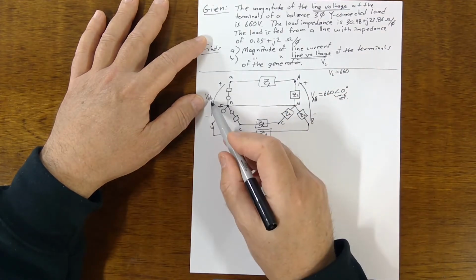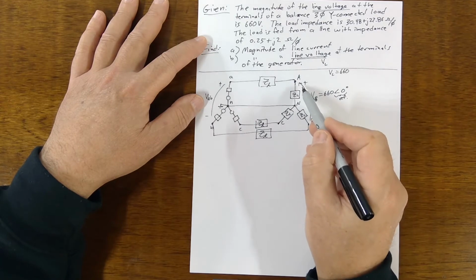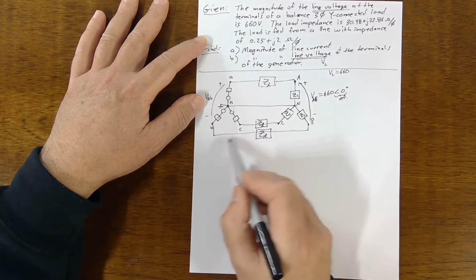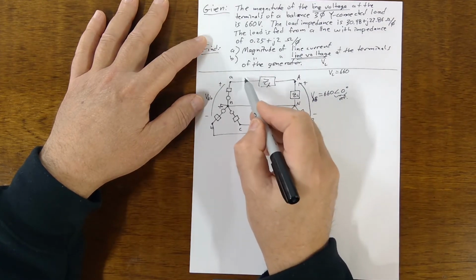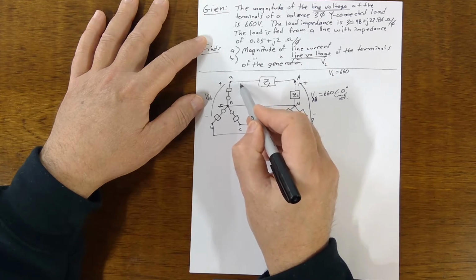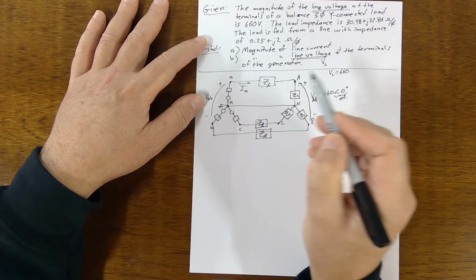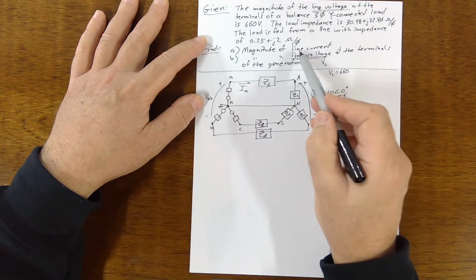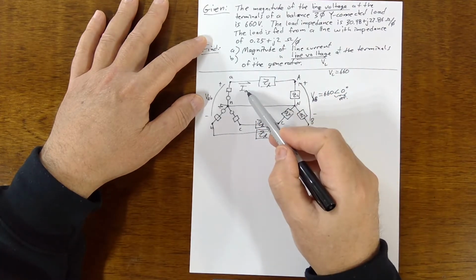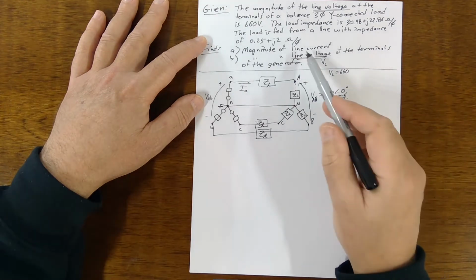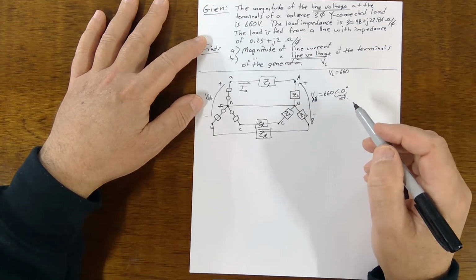Since we're dealing with AB, we could do this one, but let's stick with A's and solve for that. They're just asking for the magnitude, but we'll get the phasor I_A and then just pull out the magnitude.